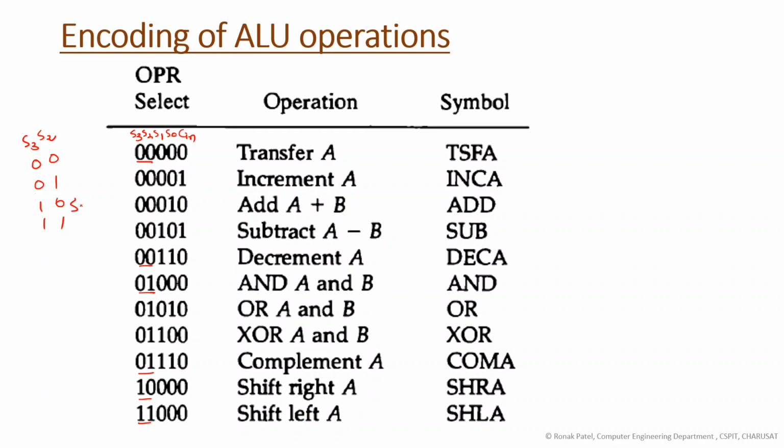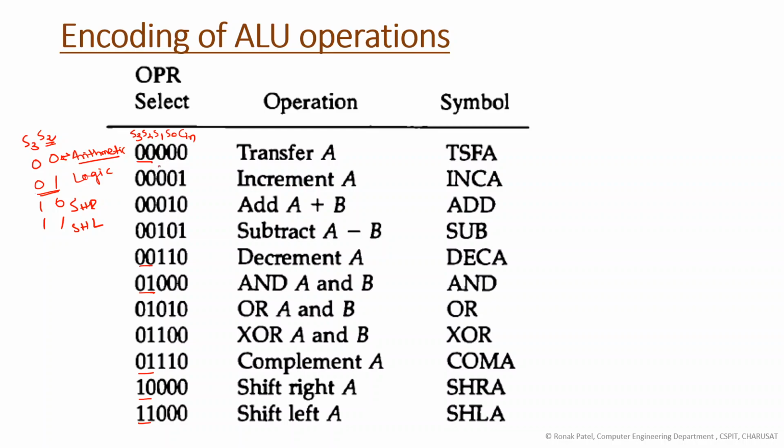You know that we were using S2 to select between arithmetic and logic. If S2 is 0, then it's arithmetic. If it is 1, then logic, right? And there is no use of C in except in the arithmetic operation.